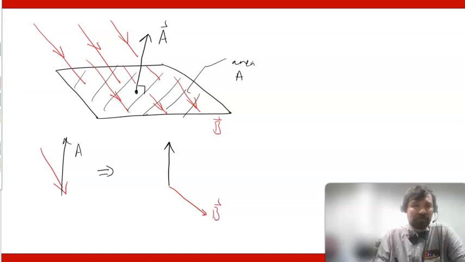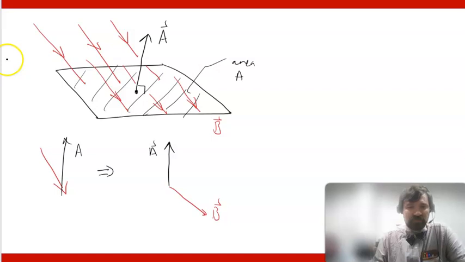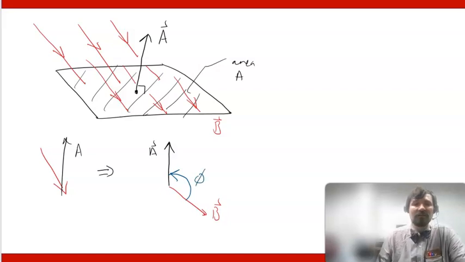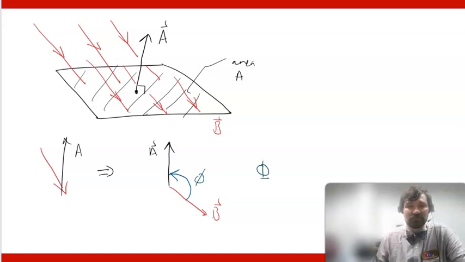So this is A, this is B, and the angle is always counterclockwise from first to second. So from B to A, if we're doing this dot product. So here's the angle phi. The flux for the B field is again B dot A, which is equal to the magnitude of B times the magnitude of A times the cosine of the angle phi.